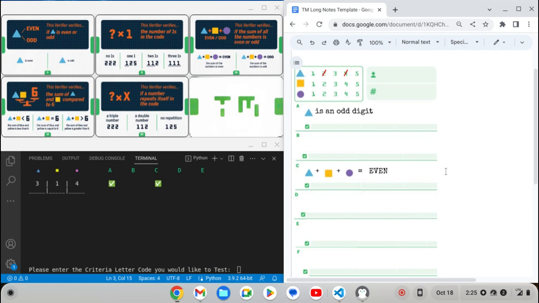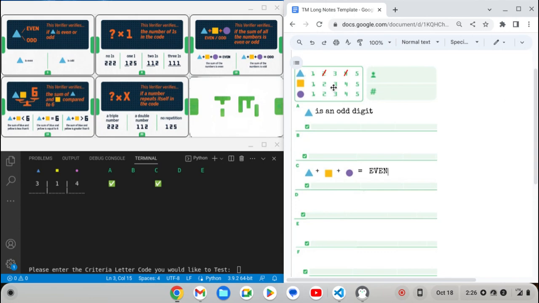Well, we've already established that triangle's odd. And if we want the sum total to be even, that means that one of the digits among square or circle has to be an odd, so that when you add the odd triangle to, again, an odd, that's either square or circle, that gives us an even quantity, and then the other digit must be then even.